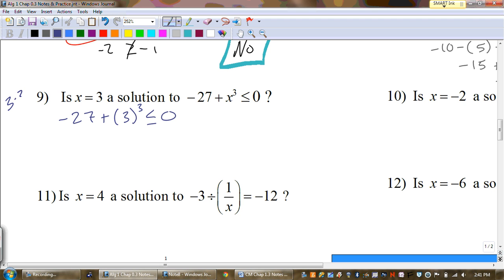Well, remember, 3 to the third is 3 times 3 times 3. And when you do all that, you get 27. And what's negative 27 plus 27? 0. So is 0 less than or equal to 0? Yes, it is.